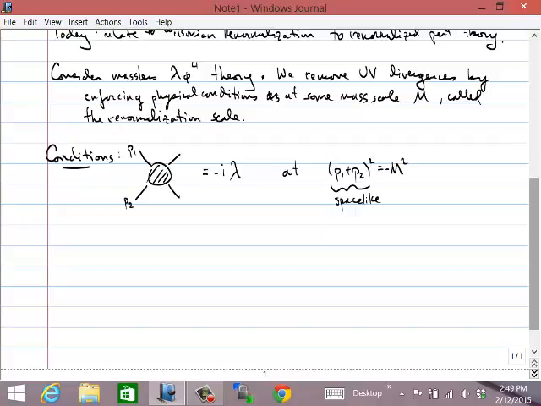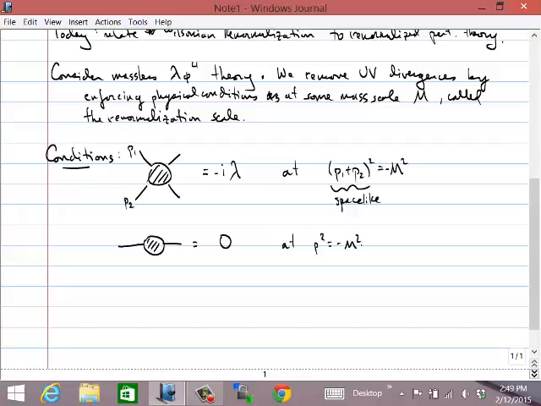And we also need to enforce the wave function normalization. So in particular, what we need is that the phi self-energy, the thing that we called capital sigma, must vanish at p squared equals minus M squared.